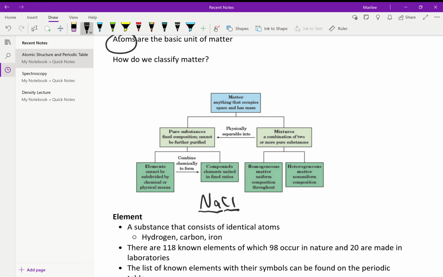When the sugar dissolves, it becomes uniform. And then we have the heterogeneous matter, which is non-uniform. So that's like a bowl of cereal and milk. You know, they don't mix uniformly.